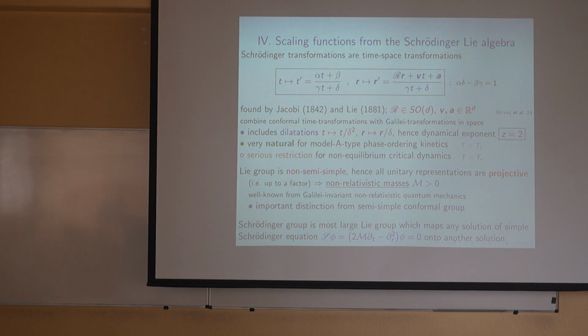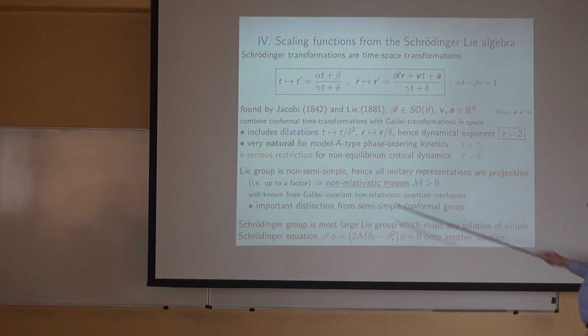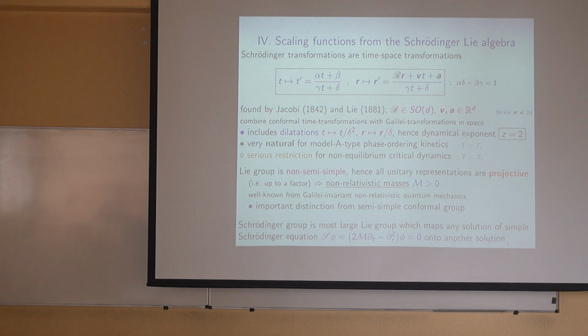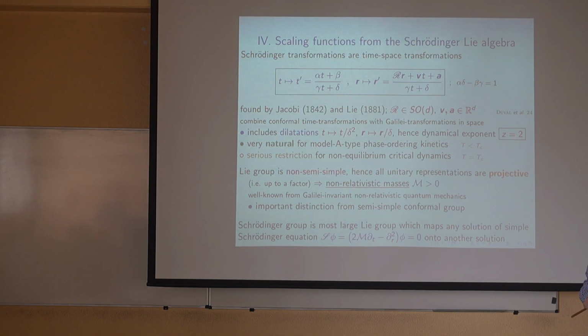That we know. So that is very natural and very relevant. When we do quenches onto the critical point, as we have to do for the Rotor model, because otherwise it's not scaling, that becomes a very serious restriction. We make this restriction nevertheless, but we have to keep in mind that this is a restriction which limits very seriously the applicability of what I'm going to say.